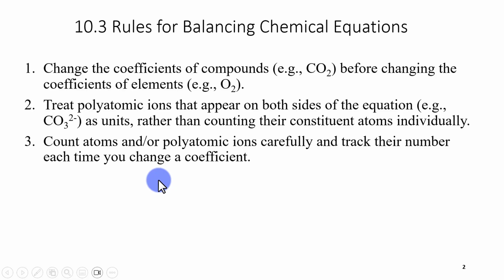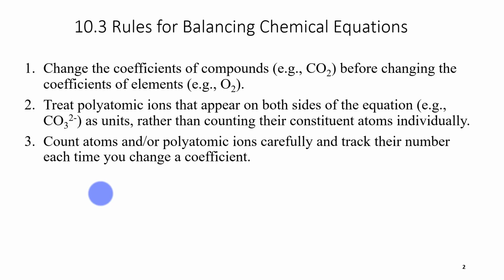If that makes it easier for you, I think it does, but everybody is different. If it doesn't, then split them and use the constituent atoms individually. There is no right or wrong way to do this, as long as in the end, each element has the same number of atoms on both sides. It doesn't matter how you get there. There can be multiple ways to get to the right answer.